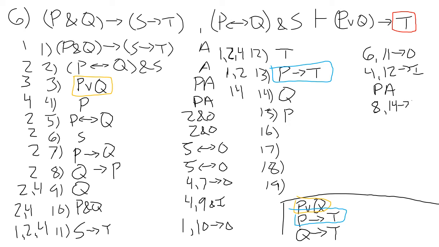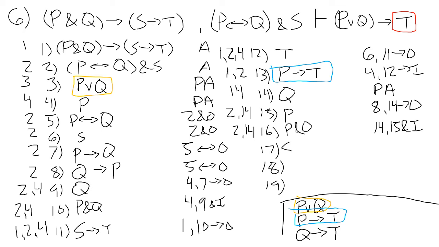Arrow out. 8 has 2 next to it, 14. Then we can put them together. I don't need the parentheses just yet. So that's going to be from 14 and 15 and in. 2 and 14.